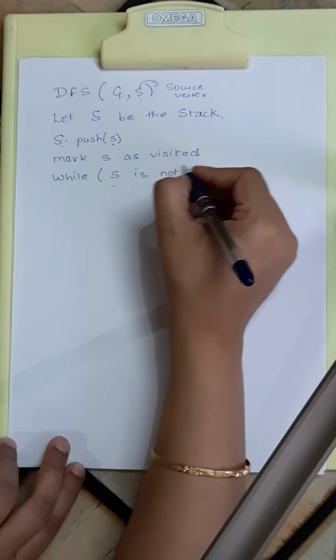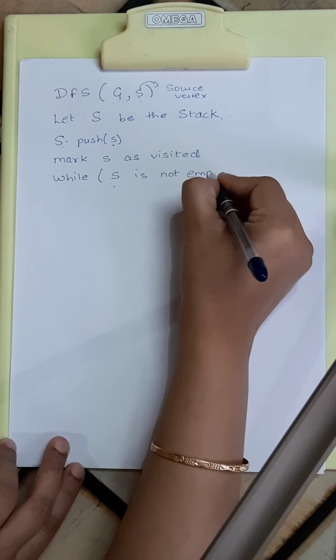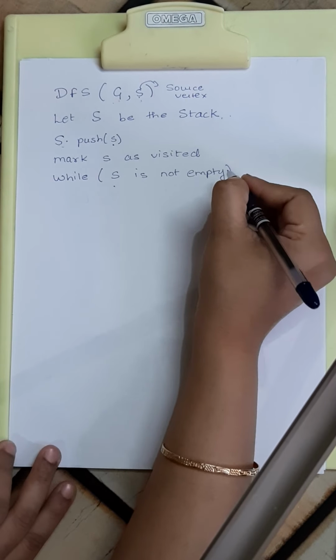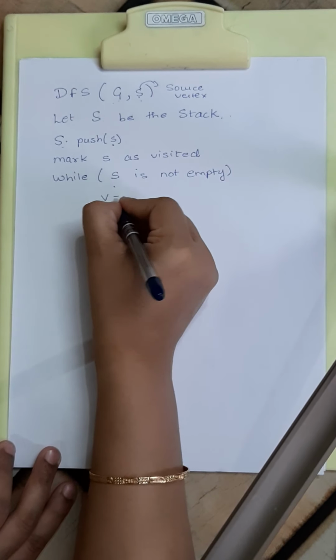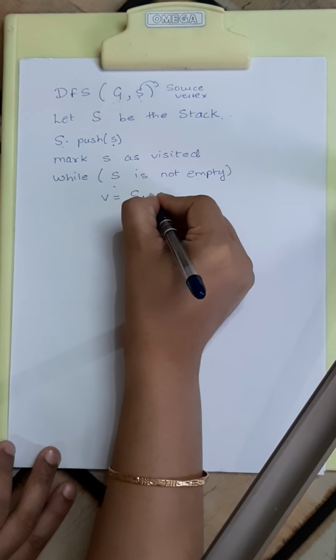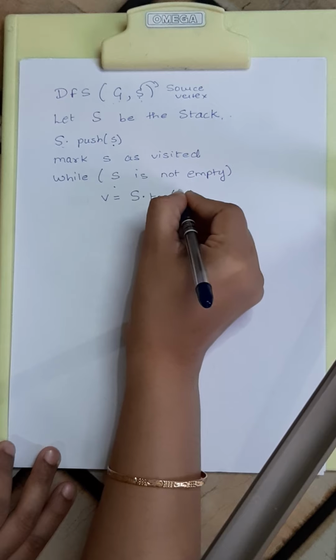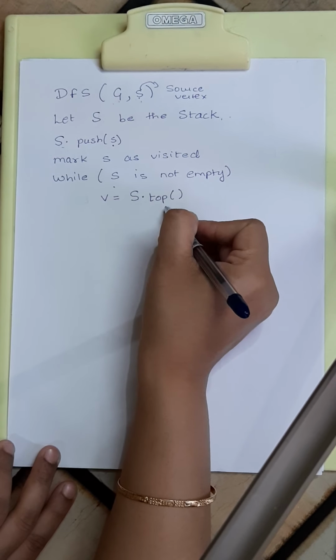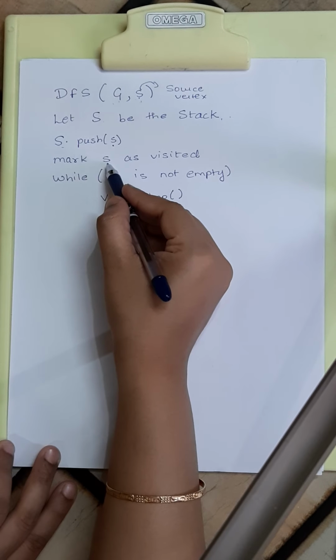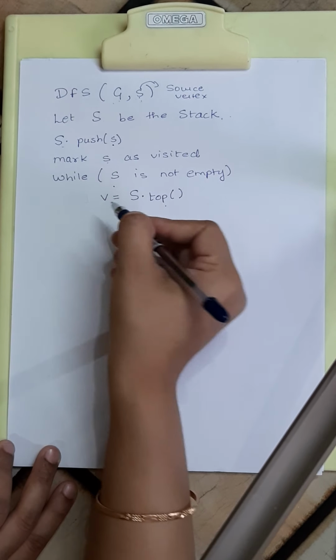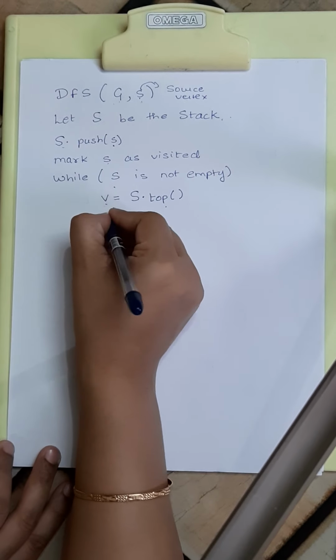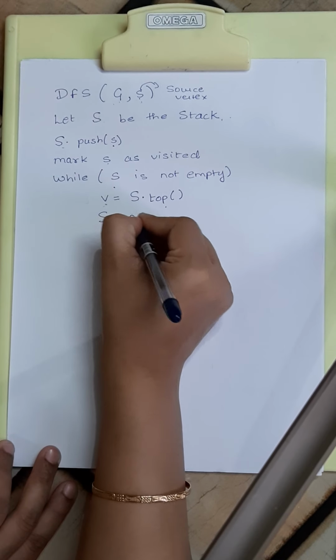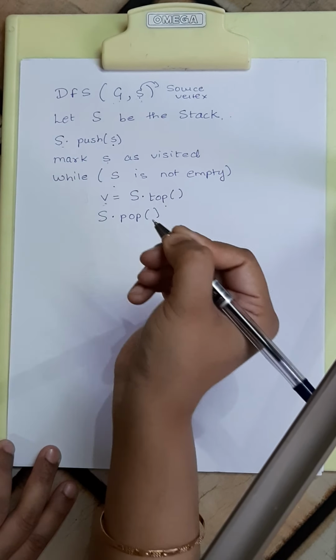So here we are talking about capital S. If the stack is not empty, then we'll pop the element. We'll access the top element from the stack. The top element must be the source vertex right now, so that will be stored in V, and then we'll pop this element and print it.